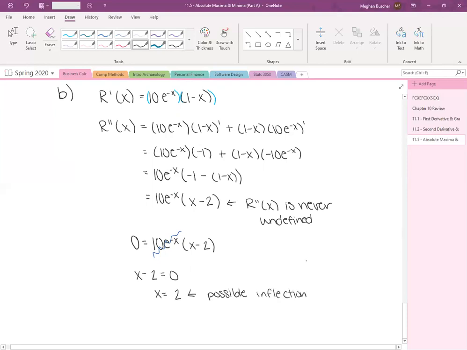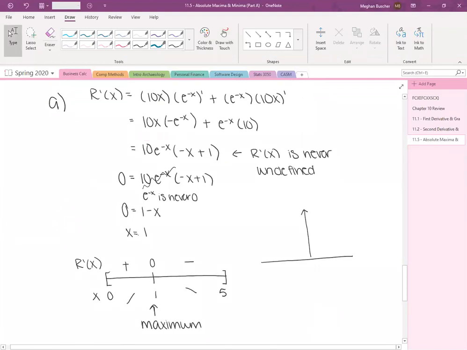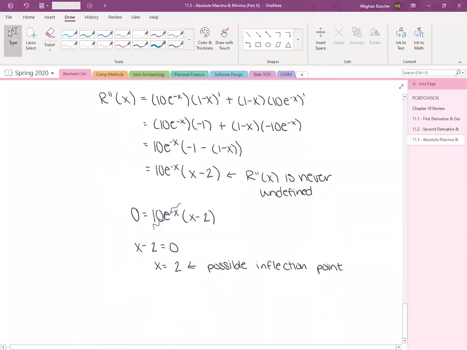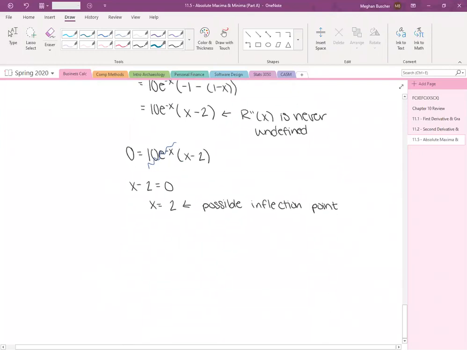We won't know if it's an inflection point until we make our sign chart, because it can only be an inflection point if it changes sign across it. With critical points, it's a critical point regardless of whether the derivative changes sign. This is always a critical point. Here, it's a possible inflection point. Just wanted to make that difference.